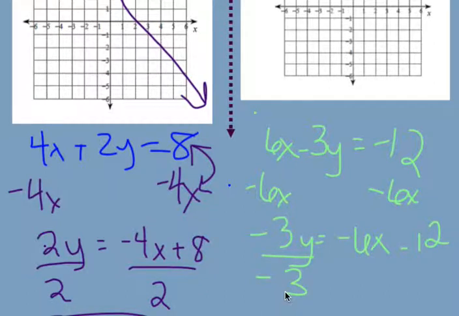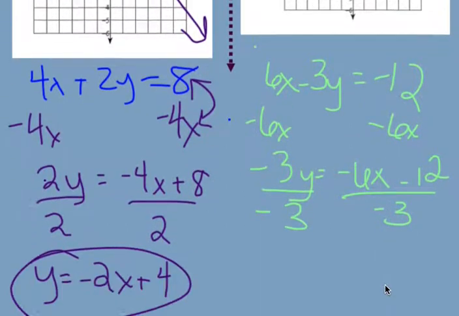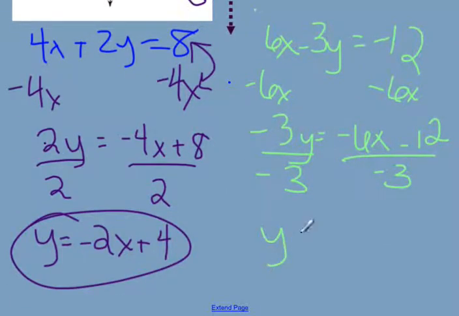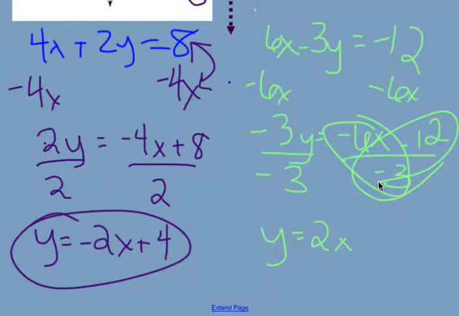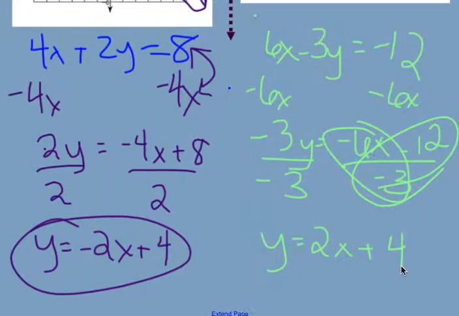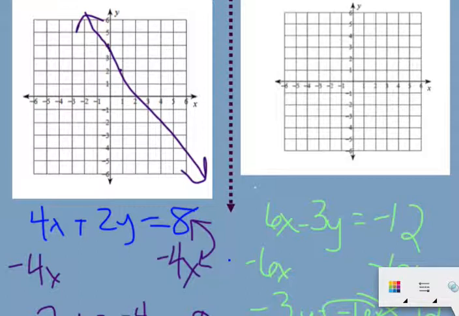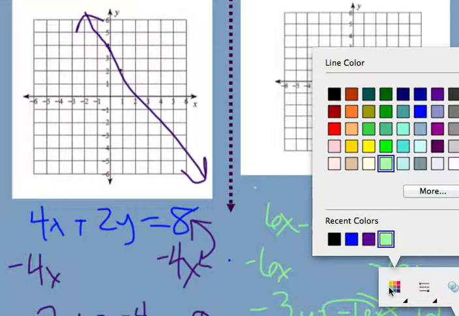Then that negative 3 is being multiplied by the y, so I'm going to divide both sides by negative 3. Negative 6 divided by negative 3 is a positive 2, and then I have the x. Negative 12 divided by negative 3 is a positive 4. So now I'm ready to graph y is equal to 2x plus 4.